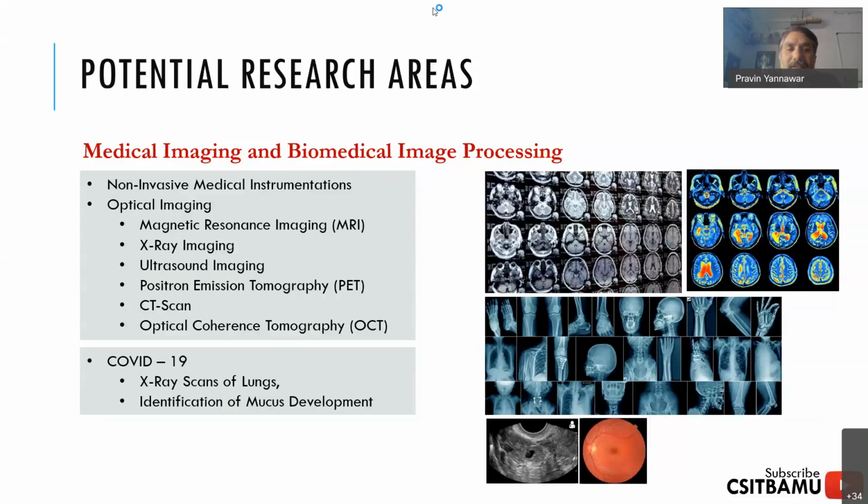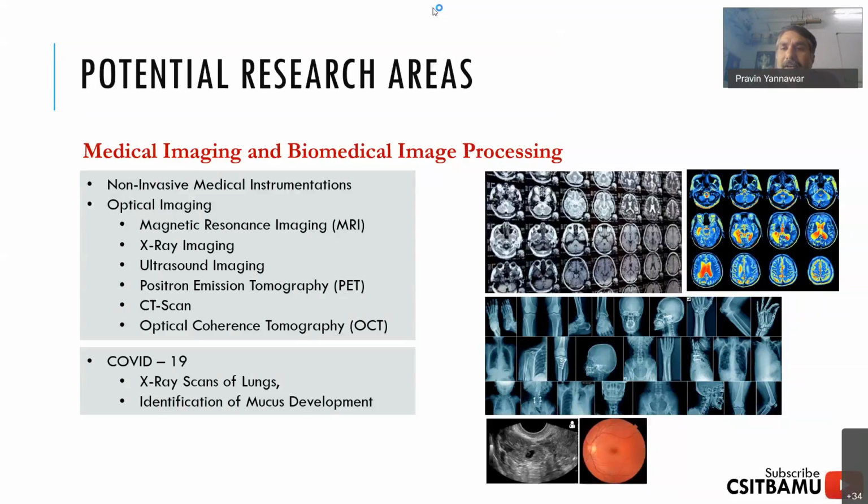Then you can think of going for optical imaging also, particularly MRI scanning, X-ray imaging, ultrasound imaging, positron emission tomography, PET imaging, CT scan imaging, then optical coherence tomography, OCT. These are the areas where a lot of work can be done, right? In short, you can work with these areas according to your special interest, and you can proceed.